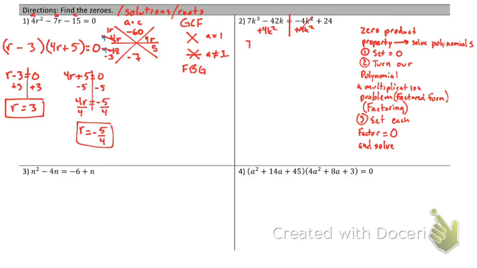So we have 7k to the third, and then plus 4k squared. They're not like terms, so we can't combine. Minus 42k equals 24. Still not equal to 0. I still got to move the 24 over. So I'm going to subtract 24.